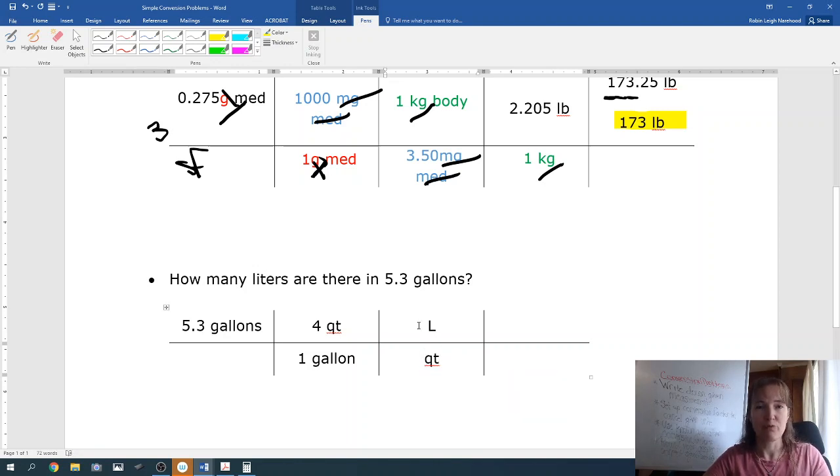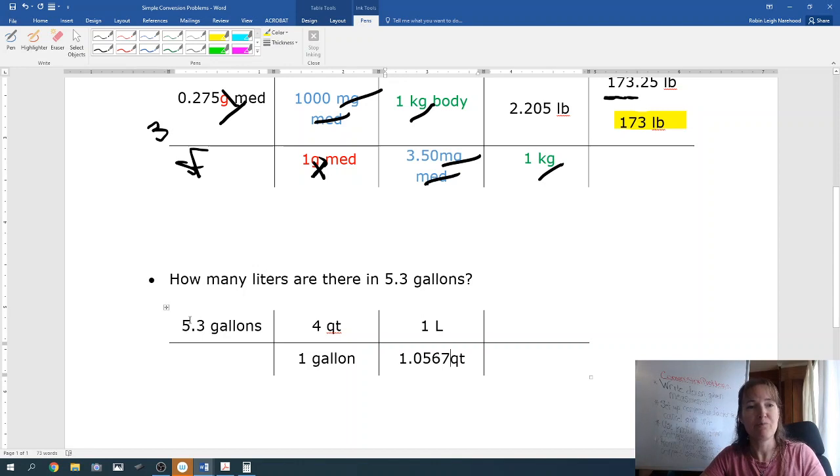The more you use the conversion factors, the more that you will remember what they are. And so 1 liter is the same thing as 1.0567 quarts. Again, I use as many digits as I can to make sure that my answer isn't affected by what I choose to express as its equality.